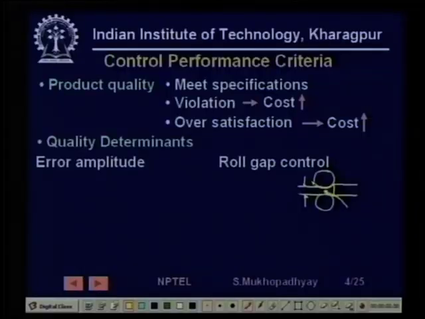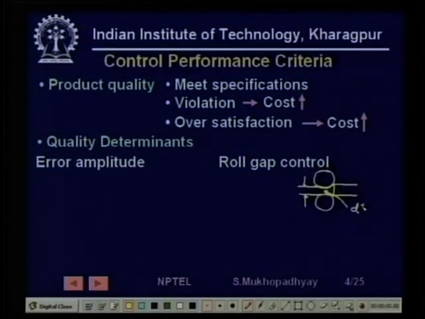So, whether your product is going to violate your specifications depends on the maximum amplitude of the error. If the roll gap is supposed to be D star, and the actual roll gap is D, then that will lead to an error in the final product thickness. So, in this case the amplitude of the error decides product quality.